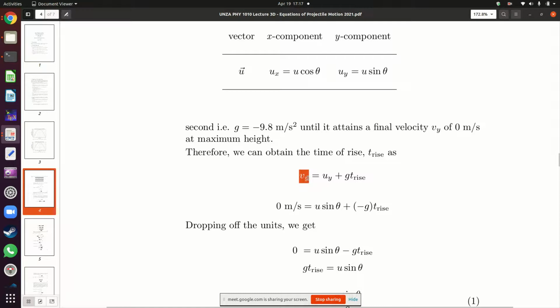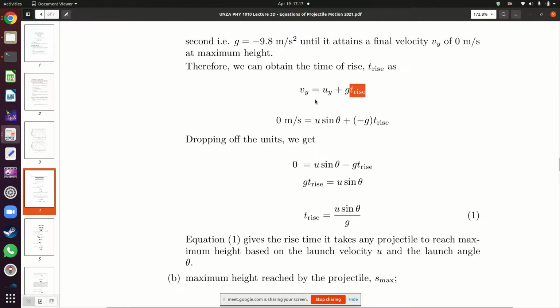So we can use this formula: Vy, the velocity at maximum height, is equal to Uy, the initial velocity in the y direction, plus g times the time it's going to take to reach maximum height, that is the rise time. When you make substitutions, Vy is 0 meters per second, Uy is u sin theta, and g is minus 9.8 meters per second squared.